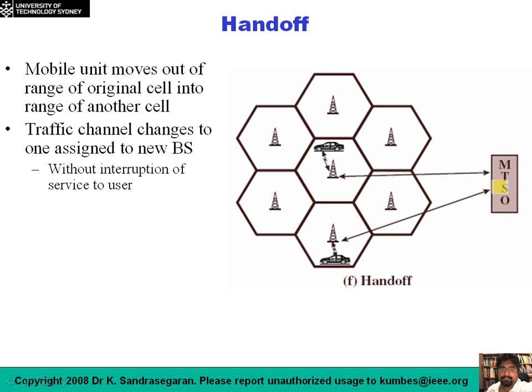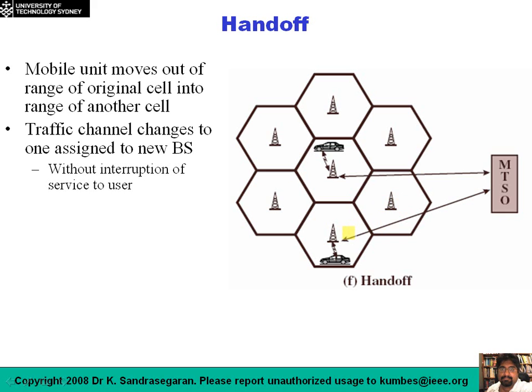So the MTSO will take these measurements and say that, okay, this user has now moved to a point where the signal from this base station is much larger than the signal from this base station, so let's do a handover procedure, in which case the user is now allocated a traffic channel from this base station, and the traffic channel that was allocated from the previous base station is toned down.